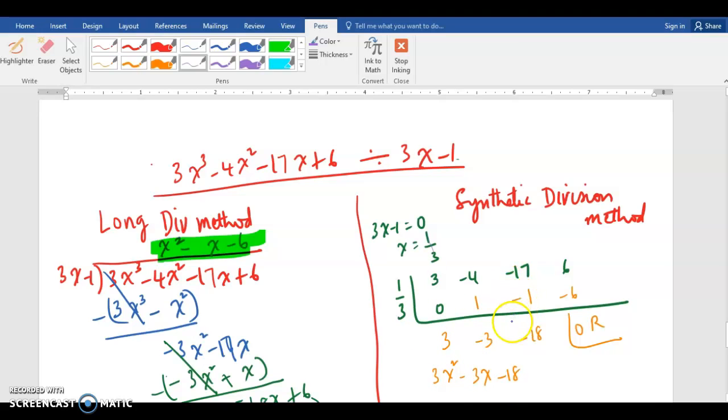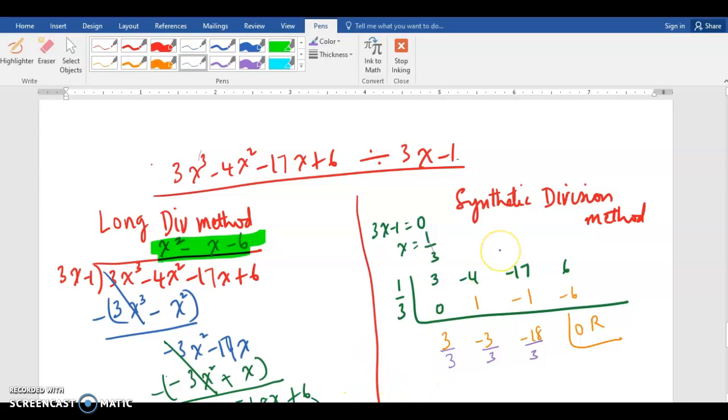So after doing the synthetic division method, if you have a coefficient other than 1 in the divisor, you have to divide your quotient by that number. So you have to divide each of these coefficients that you got in the answer by the 3, which is the coefficient of x in the divisor. Okay, that's one extra step you have to do. So the answer is really not 3x squared minus 3x minus 18.